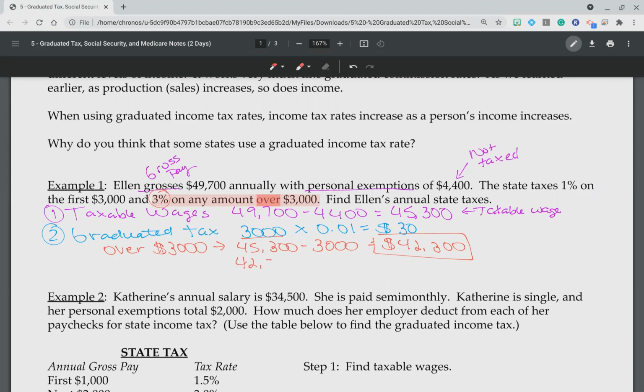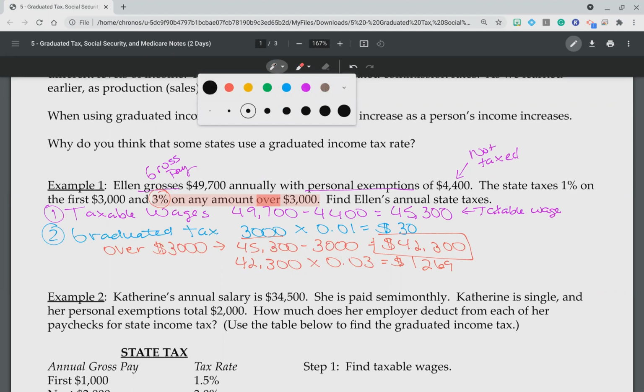Okay, so that's the amount over 3,000. And we're going to multiply that by 0.03. And that's going to be $1,269.